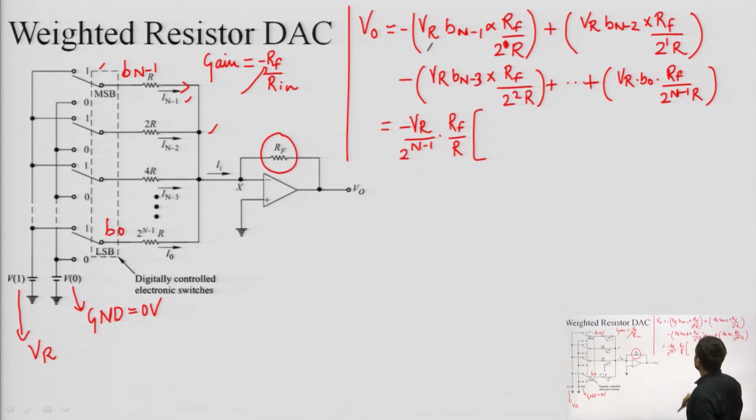VR is taken common, Rf is taken common, R is taken common, and 2 raised to power n minus 1 is taken from here. So ultimately it will go into the numerator side inside the bracket.